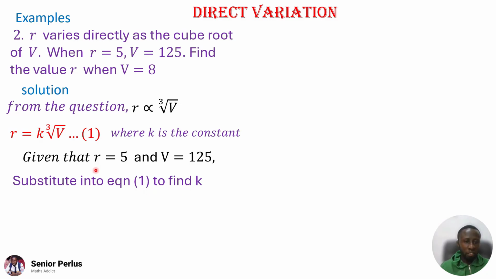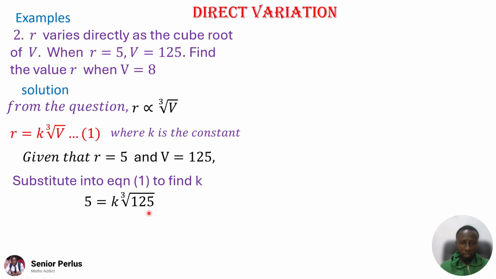So let's do the substitution here. R is 5, then V is 125. This is just substitution. Anywhere you see R, just put 5. Anywhere you see V, just put 125. Now the cube root of 125.